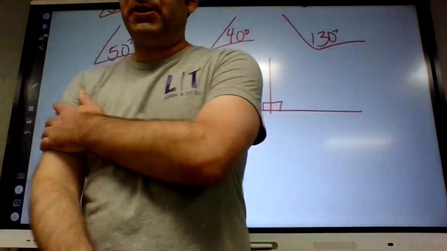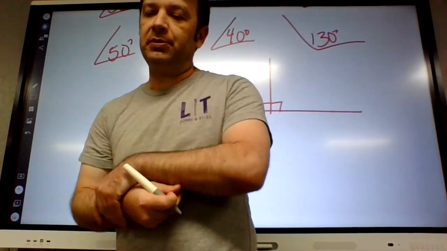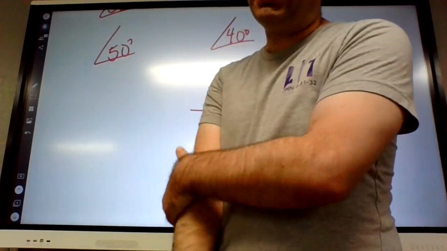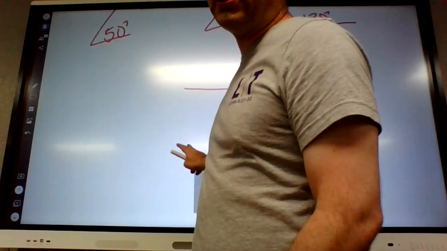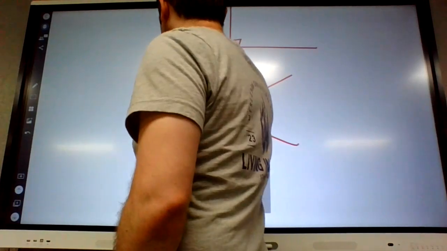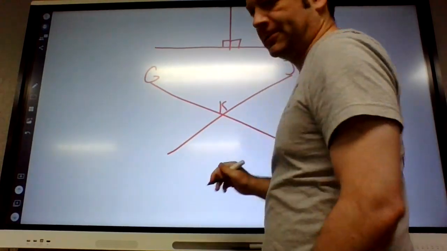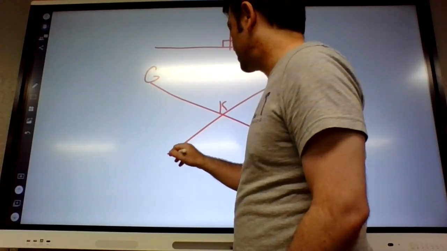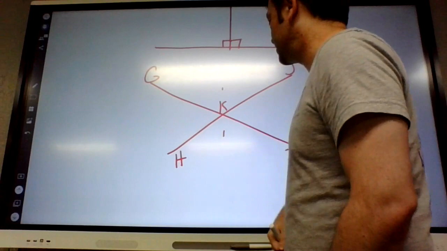Number 1. What kind of angles are angle GKJ and HKI? All right, where's angle GKJ at? The top one, and where's HKI? The bottom. So what did I say those angles were called, this one and this one together?